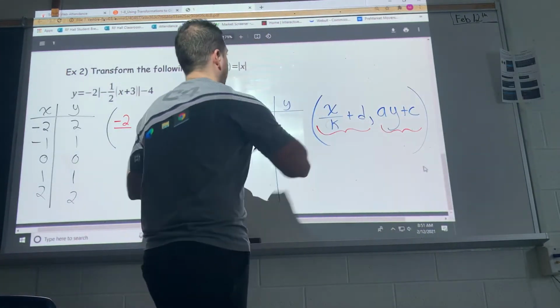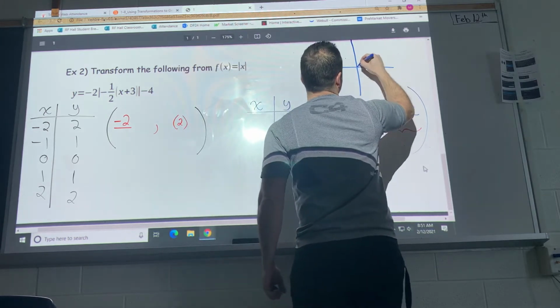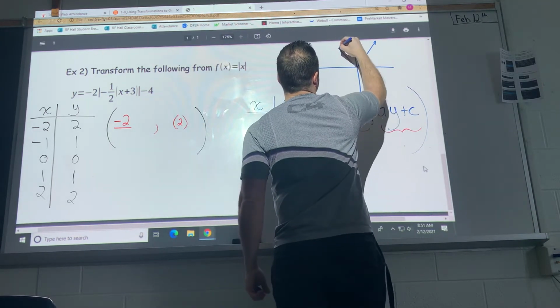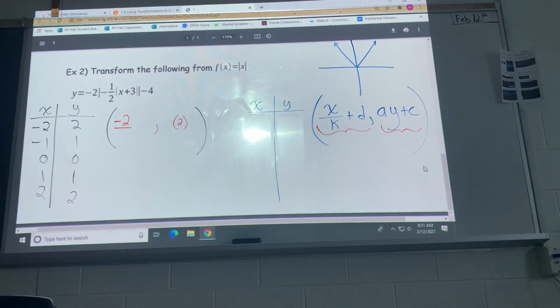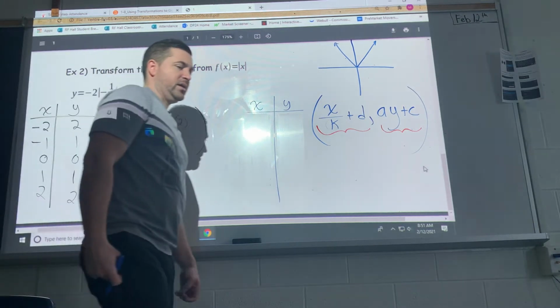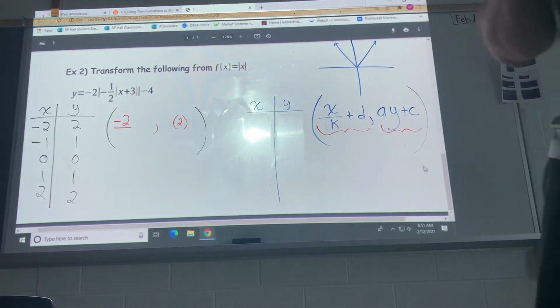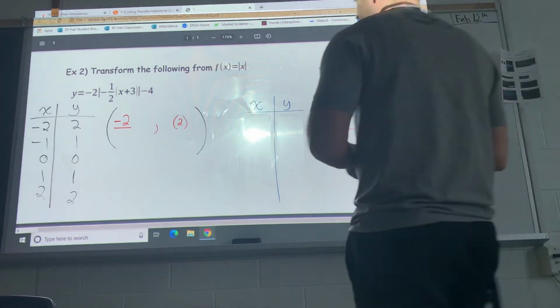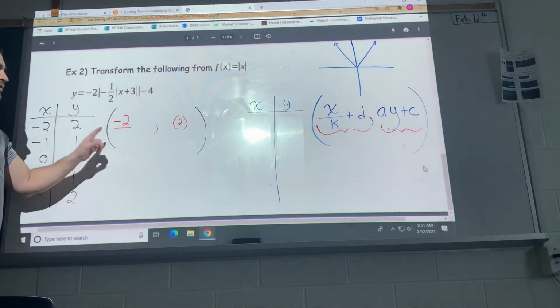And remember, our absolute value function or graph is a V shape. And now we're going to substitute the A, K, D, and C into the equation and do our transformations. And I'm going to reverse it now.